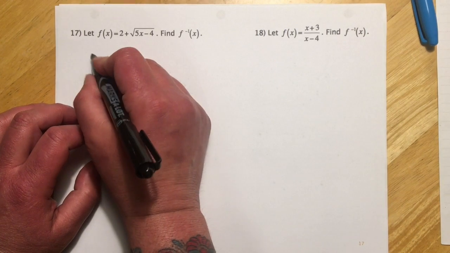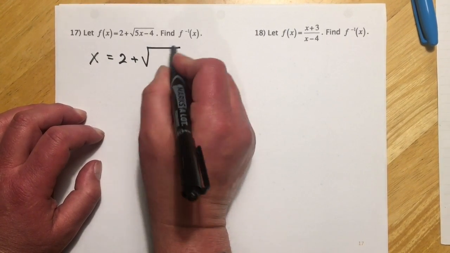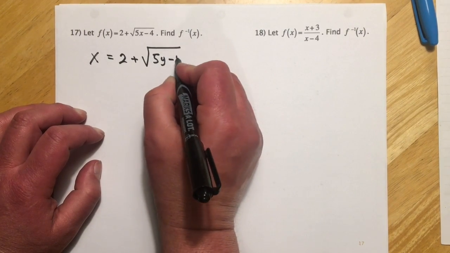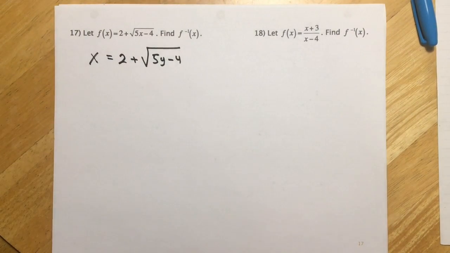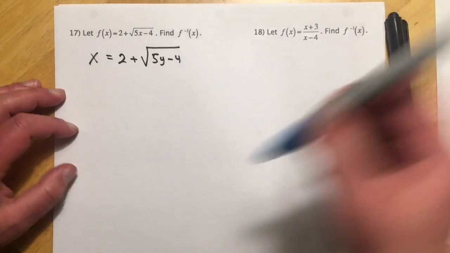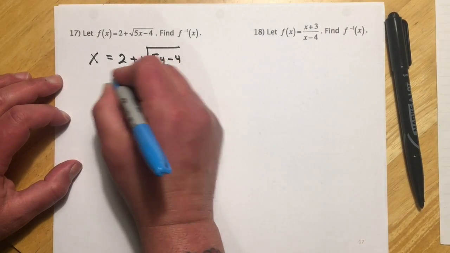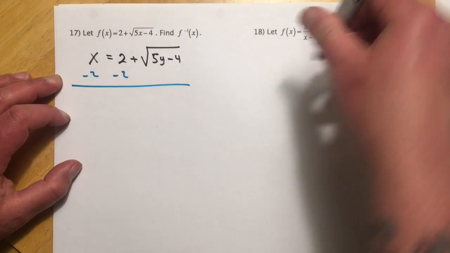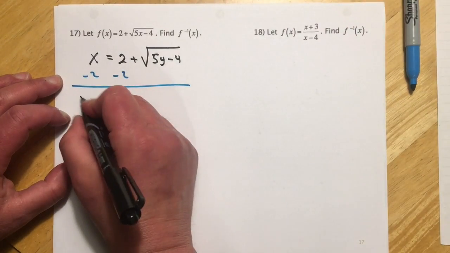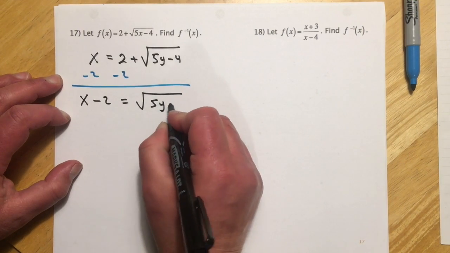Same thing, swap x's and y's. So it'll be x equals 2 plus root 5y minus 4. And then we're supposed to find the inverse. So I will subtract the 2 over. X minus 2 equals root 5y minus 4.